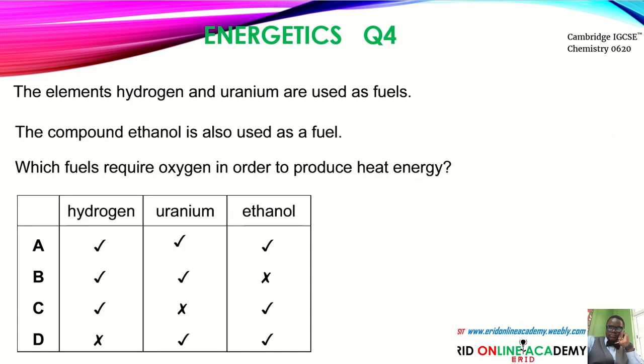Okay, question 4. The elements hydrogen and uranium are used as fuels. The compound ethanol is also used as a fuel. Which fuel requires oxygen in order to produce heat energy? Okay, this is just similar to question 3 that we considered.